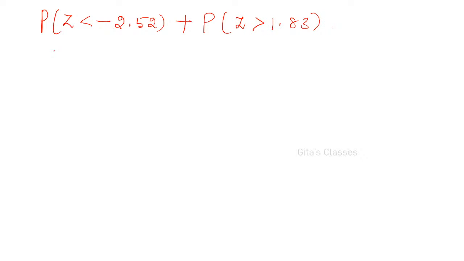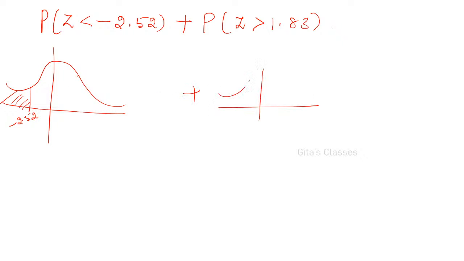So this is minus 2.52, to the left of, so this is the area, plus for this, to the right of 1.83.